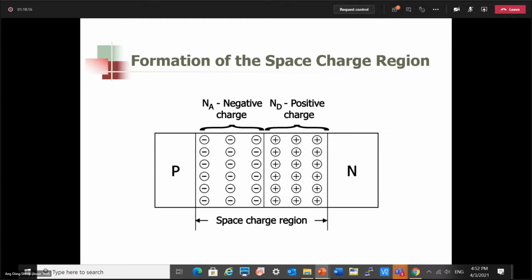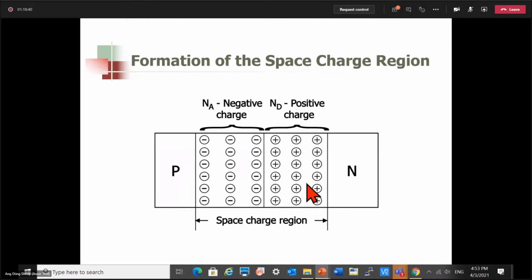As a result of this diffusion, we have this space charge region formed, consisting of positive charges on the N side, which are the ionized donor impurity atoms, and negative charges on the P side, which are the ionized acceptor impurity atoms.